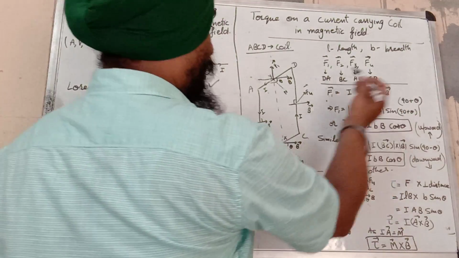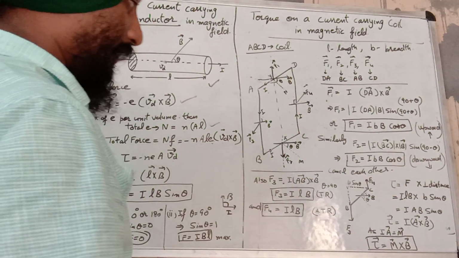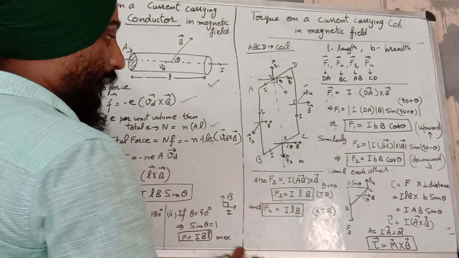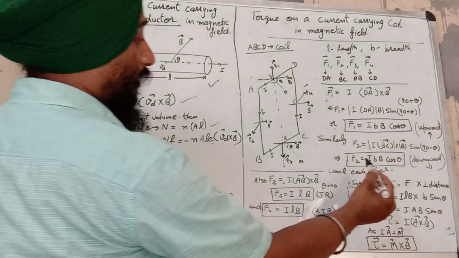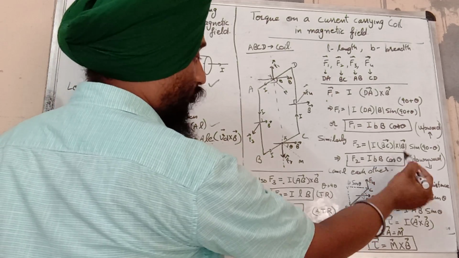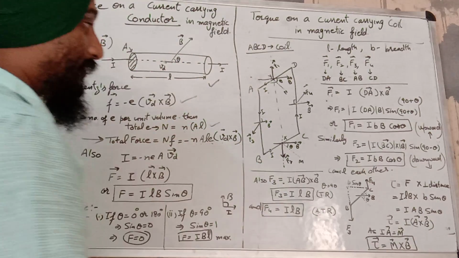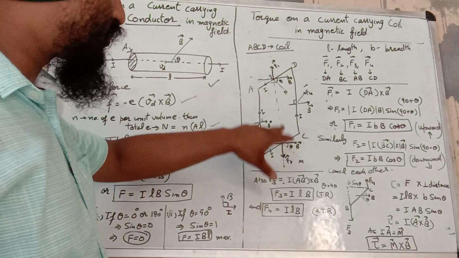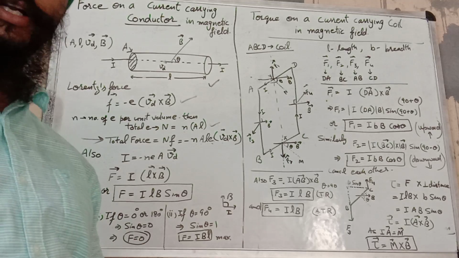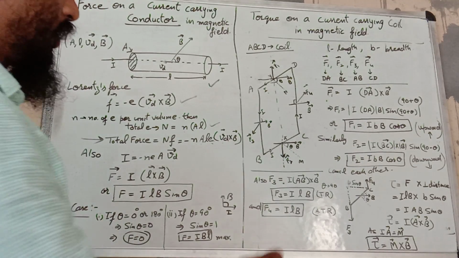This acts in the upward direction as shown in the diagram. Similarly F2, with sin(90 minus theta), also becomes I b B cos theta, but downward. The upward and downward forces cancel each other because they act in opposite directions.